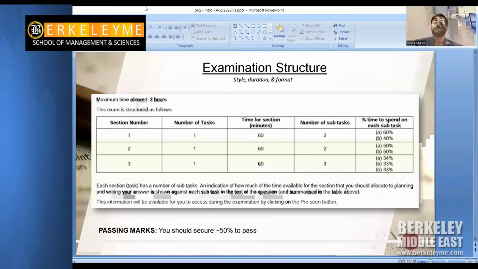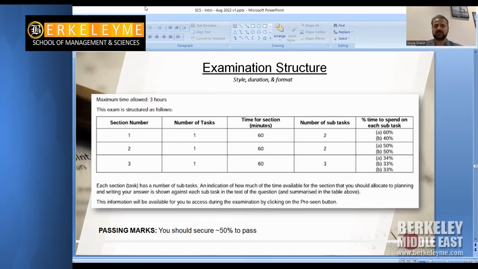You must be asking what the duration of the exam is. It is a 3-hour exam. Very nice, 3 hours. As it starts, after 3 hours, you will realize, oh my God, time is finished. So 3 hours is nothing, I'm telling you. As it starts, you will see, 3 hours finished. First, section 1 will come, which is 60 minutes, meaning 1 hour, and you will have 2 questions with weightage of 60% and 40%.